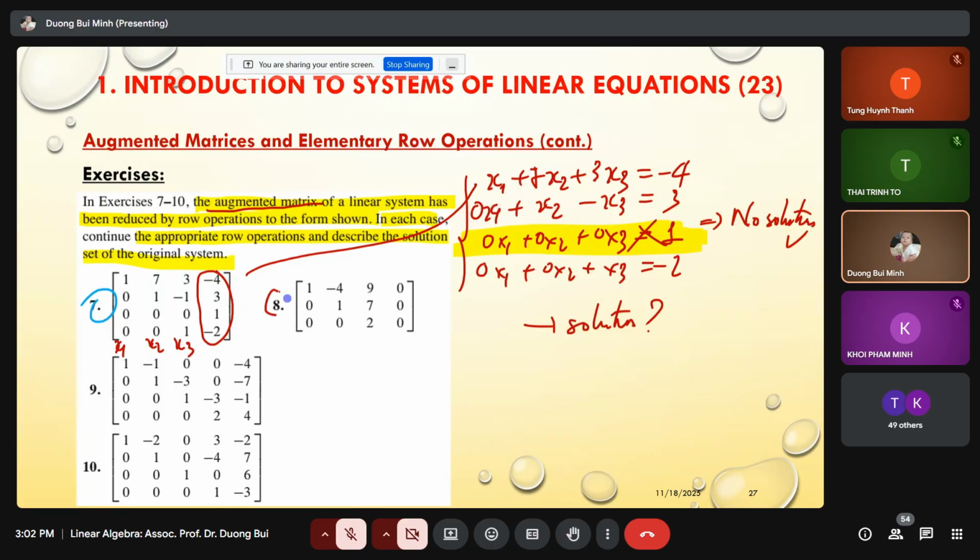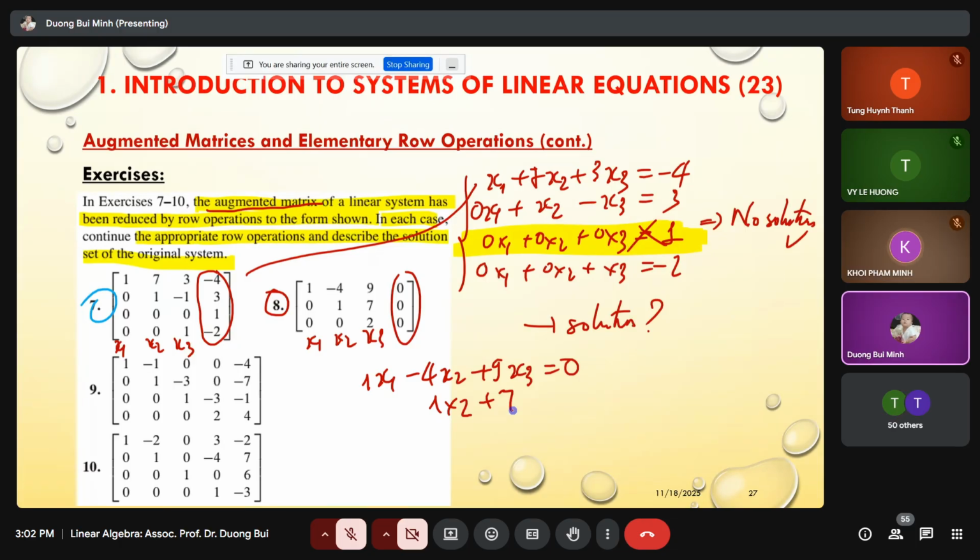Continue. Number 8, we have this one for x1, x2, x3, and this is the constant term. Then you get 1x1 minus 4x2 plus 9x3 is 0, and 0x1 plus 1x2 plus 7x3 is 0.